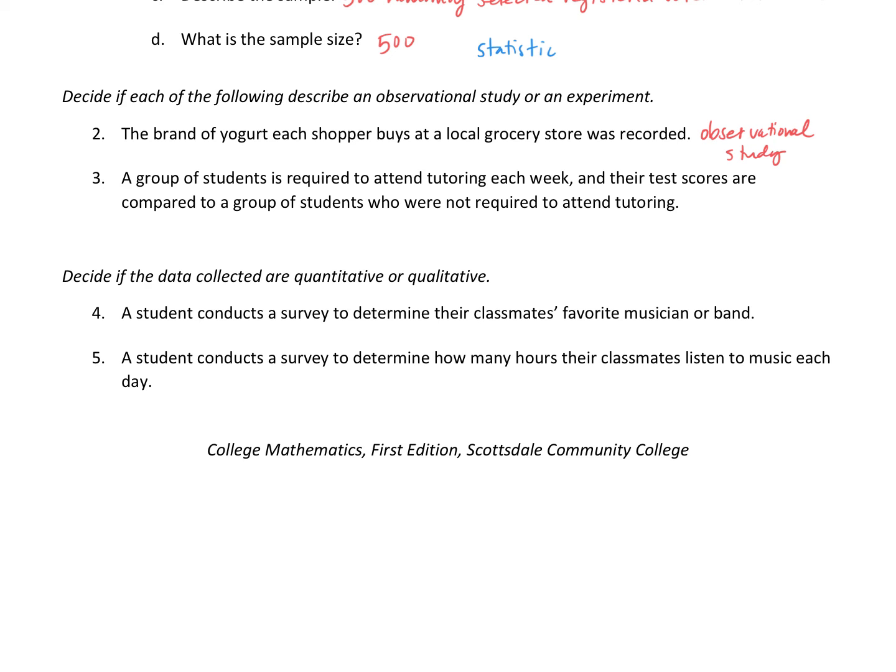Number 3, a group of students is required to attend tutoring each week, and their test scores are compared to a group of students who are not required to attend tutoring. So you can see that you're putting in an intervention. Some students are required to attend tutoring, so this would be an experiment. You're requiring something of some students and not others, and then you're comparing their test scores.